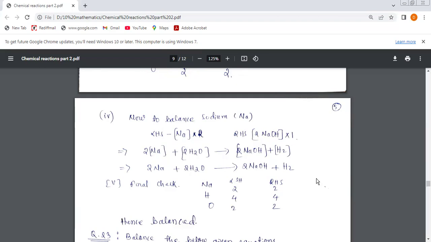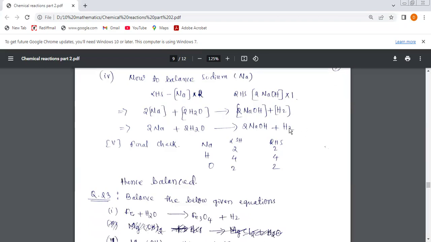Now after doing this, check for the balancing of the atoms. On the LHS, check for sodium. Here 2 sodium atoms are there, and here 2 sodium atoms. Balanced. Next, check for hydrogen.